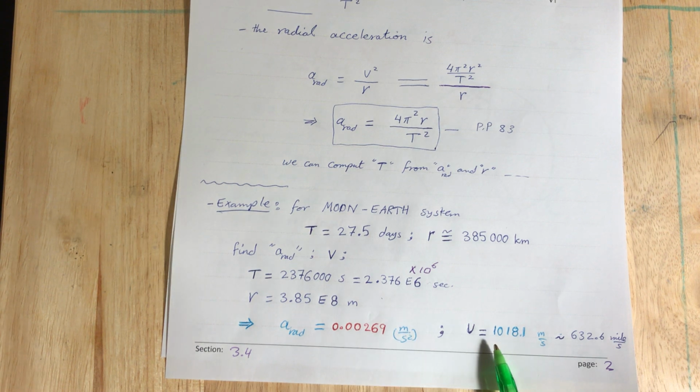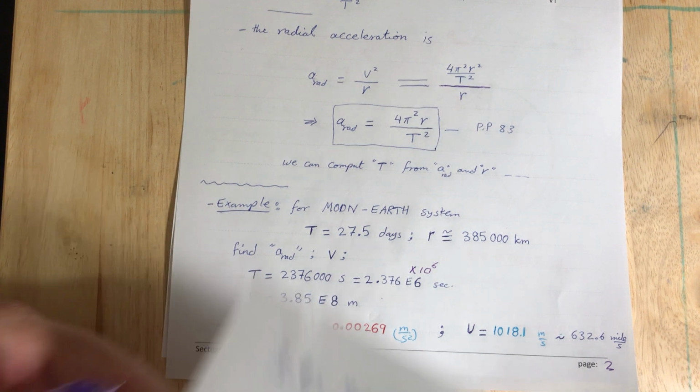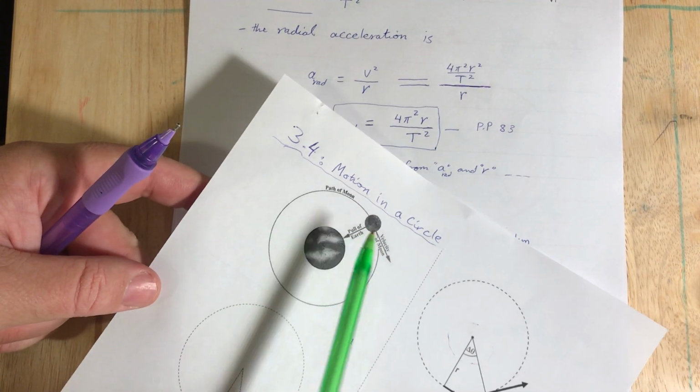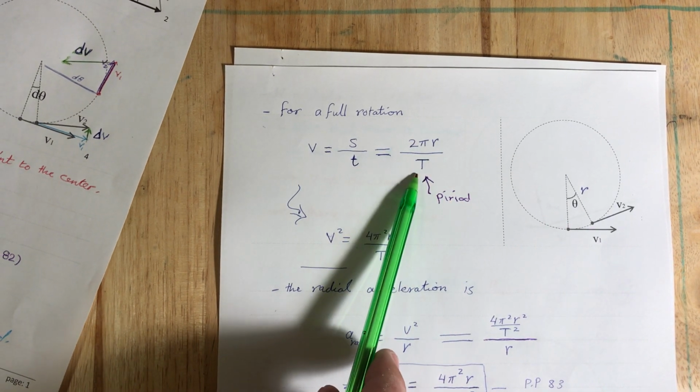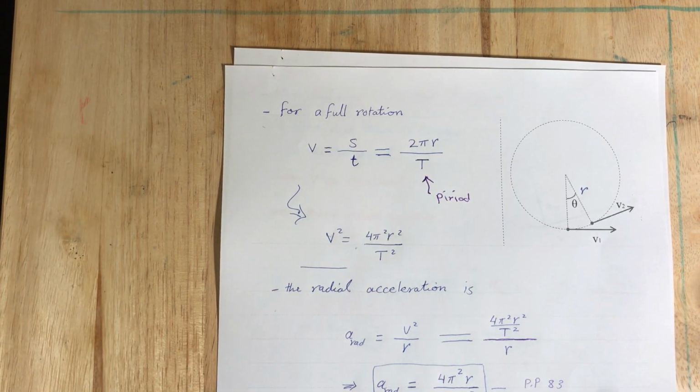What is the speed for the moon rotating around the earth? The speed is equal to 2 pi r over T capital, which is the period.